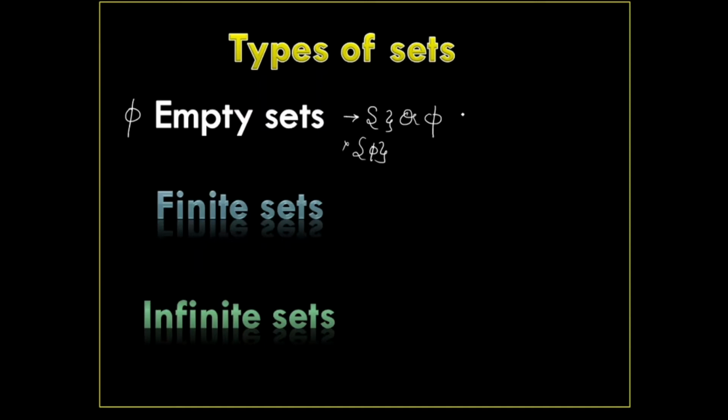I'll give a simple example: if x is a natural number which is greater than 1 but less than 2, we don't have any natural number which lies in this range. So it is an empty set. Now in your textbook, an example is given: students studying in 10th and 11th standard both.